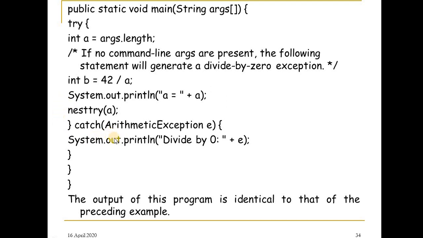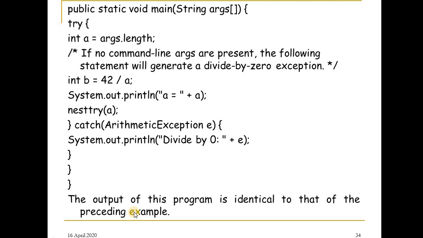That is the catch block of the main method. So this is how within a method's try you will make a call to another method which will have its own try and catch block. This is one more way of nesting the try and the catch.